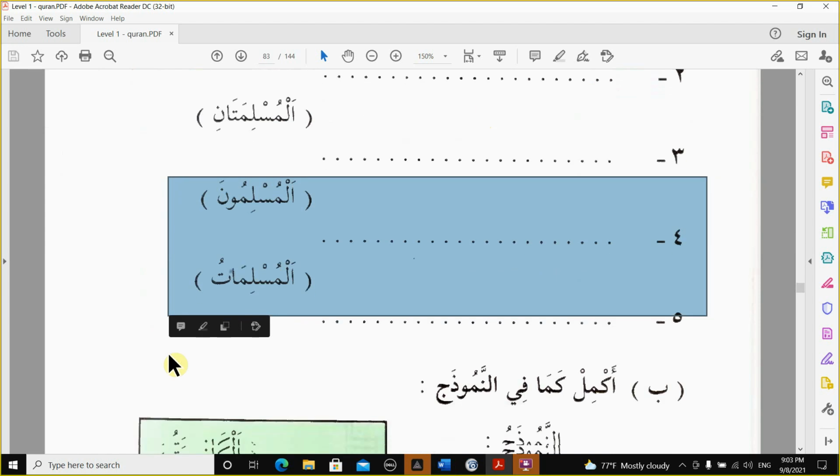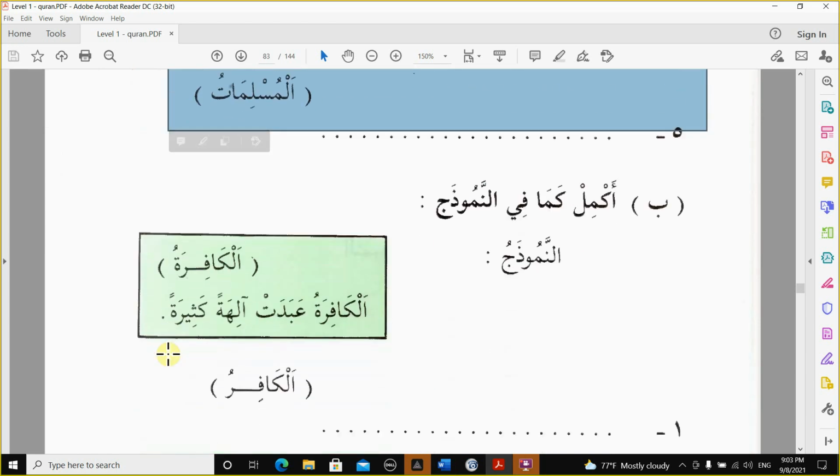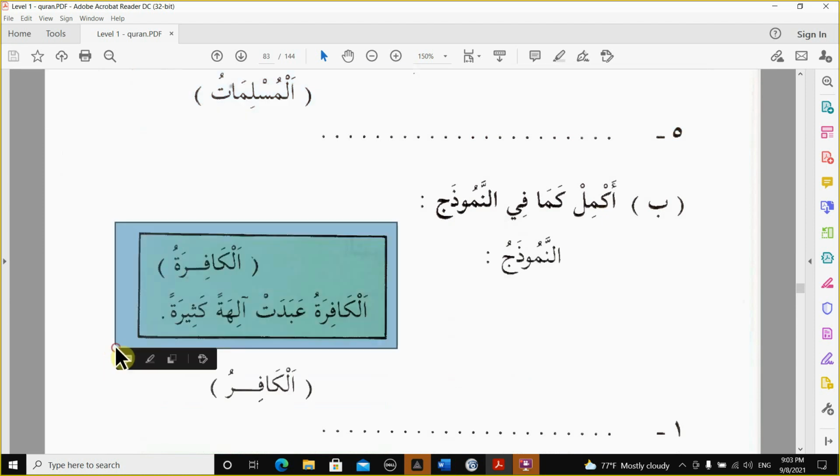And then we'll continue inshallah with the next exercise, coming from the present tense verb to the past tense verb, from the mudari' to the madi.